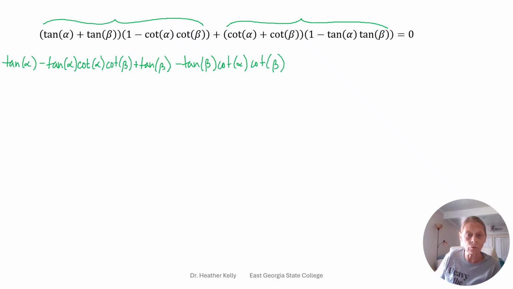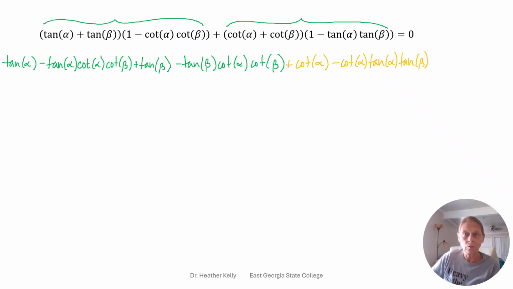Now let me do the next piece. Plus, and here we go, cotan alpha times negative tan alpha tan beta is negative cotan alpha tan alpha tan beta.